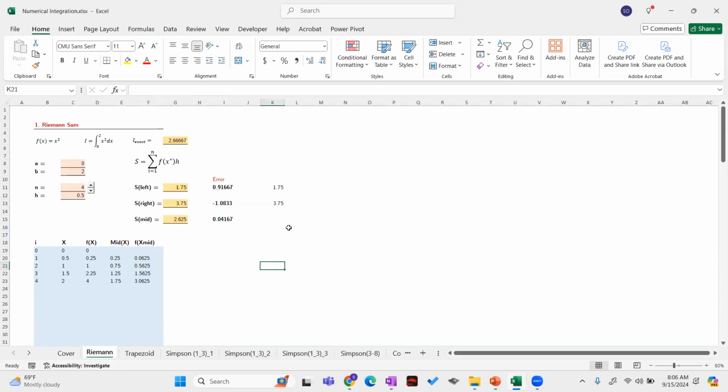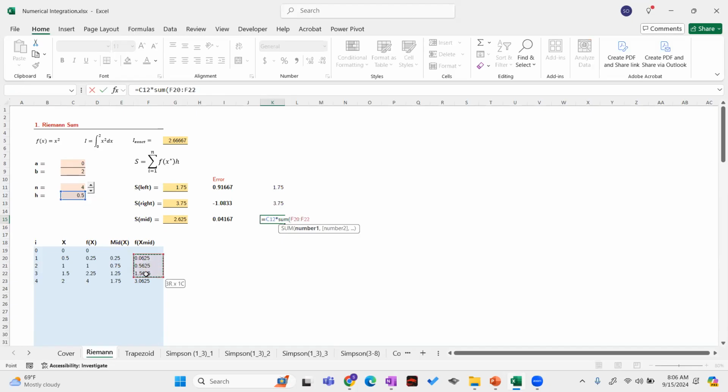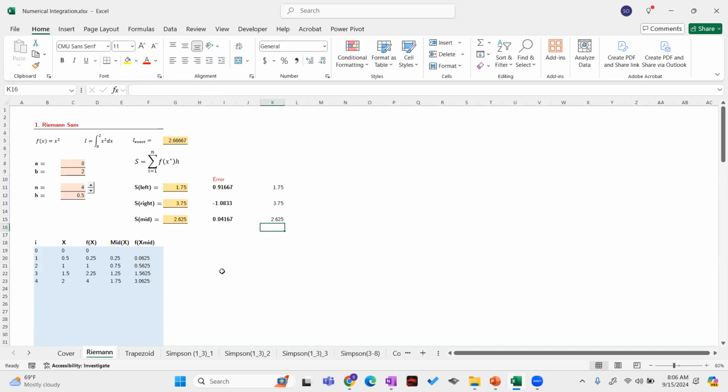And then the formula would be base times sum of heights at the midpoints. So these are the rectangle heights, correct? So that's 2.625. Any questions, guys?